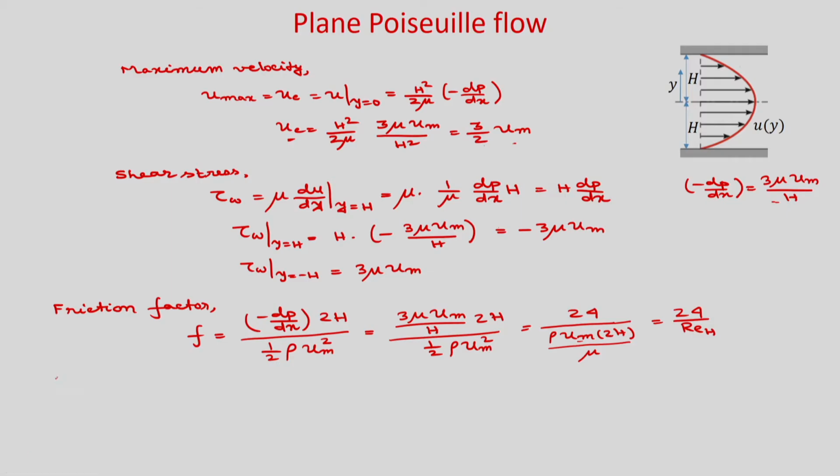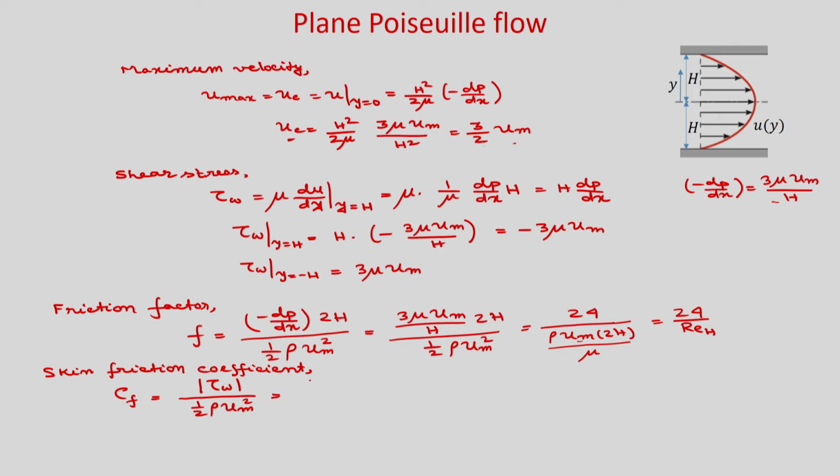If you calculate the skin friction coefficient, this is the dimensionless representation of the wall shear stress. The skin friction coefficient is represented as CF. This is the modulus of tau w divided by half rho um square, just the dimensionless representation of the wall shear stress.